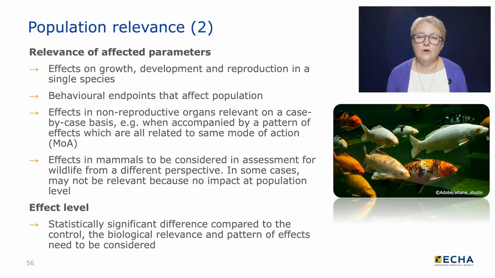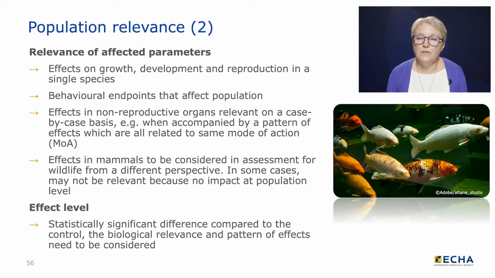In the section on population relevance in the new guidance, we discuss the relevance of different parameters observed in the available ecotoxicological studies, such as effects on growth, development and reproduction, behavioral changes, effects observed in non-reproductive organs, and so on.